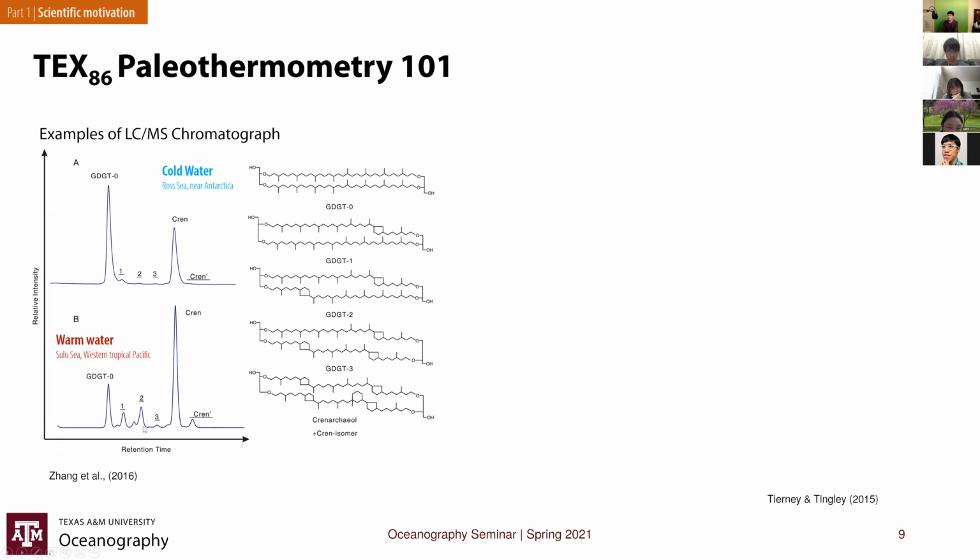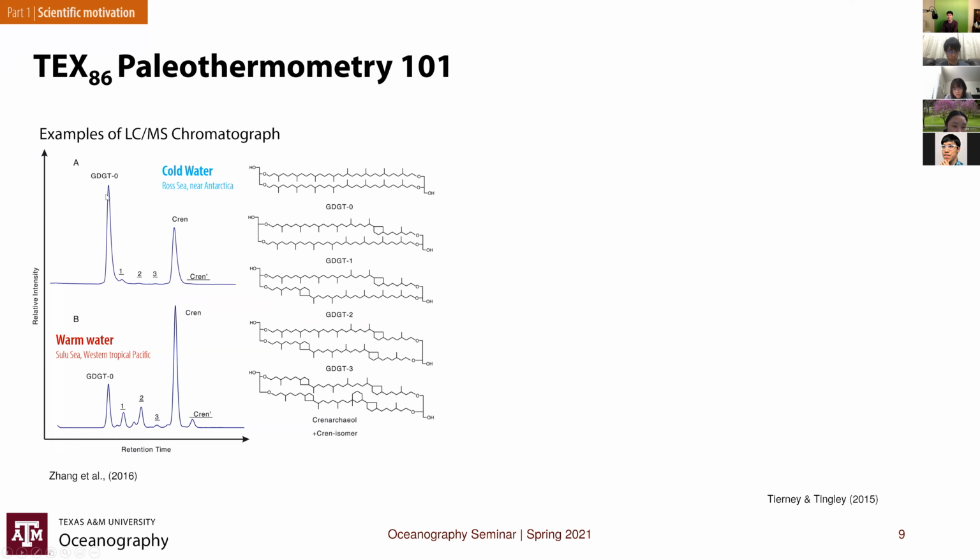From the warmer regions, you will have high crenarchaeol, low GDGT-0, and a little bit of these minor GDGT-1, 2, and 3. Compared to that, if you collect sediments from polar regions, the colder regions, you will not really have these minor GDGTs 1, 2, and 3.